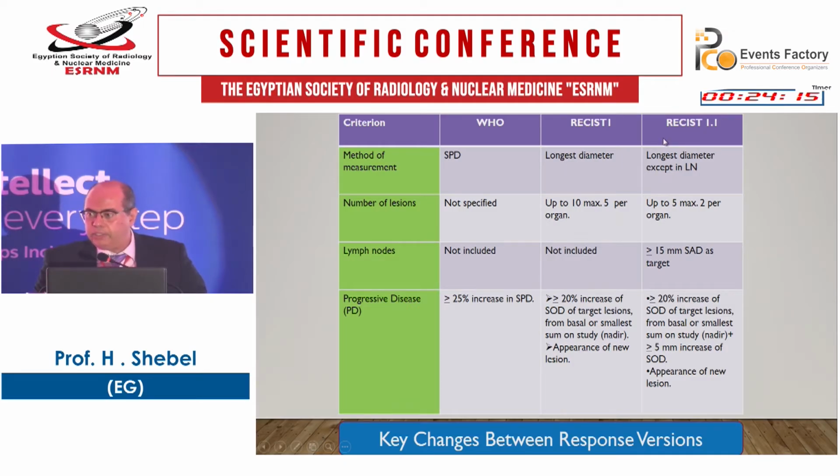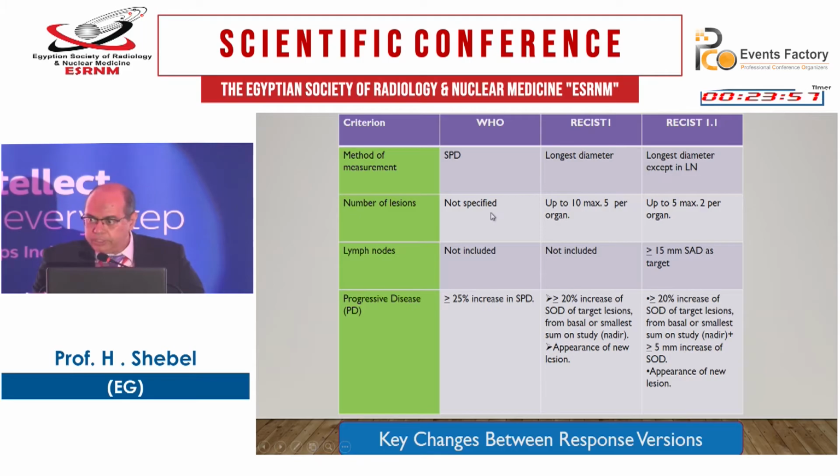In RECIST 1.1, this concept is still used, but in lymph node assessment, we should use another diameter, which is the shortest diameter. And we will discuss this in detail.